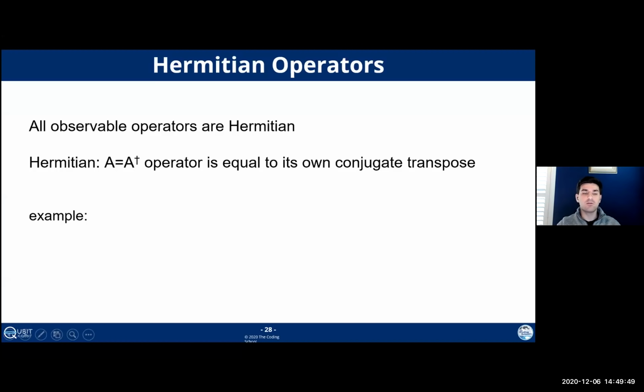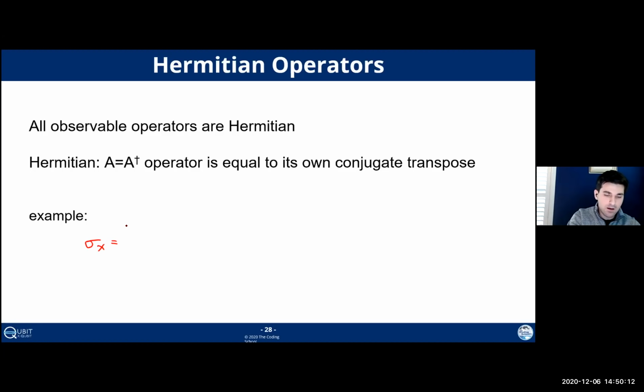Now, the mathematical definition is, an operator is Hermitian if A is equal to A dagger, or the operator is equal to its own conjugate transpose. So let's look at an example of a potential Hermitian operator. So sigma x, is this Hermitian? Let's see.